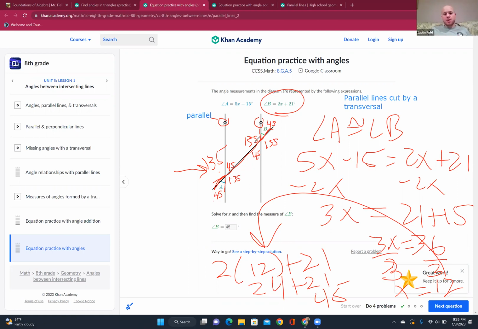And you should notice some different relationships, the ones across from each other and then the ones adjacent to each other.